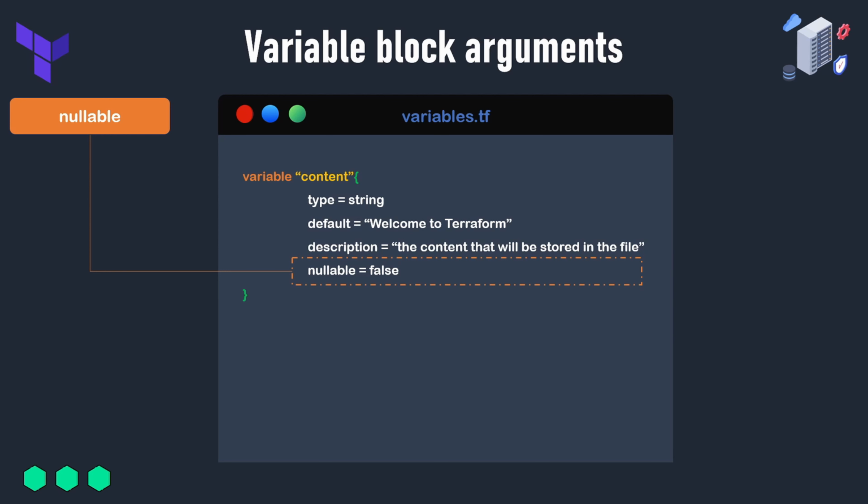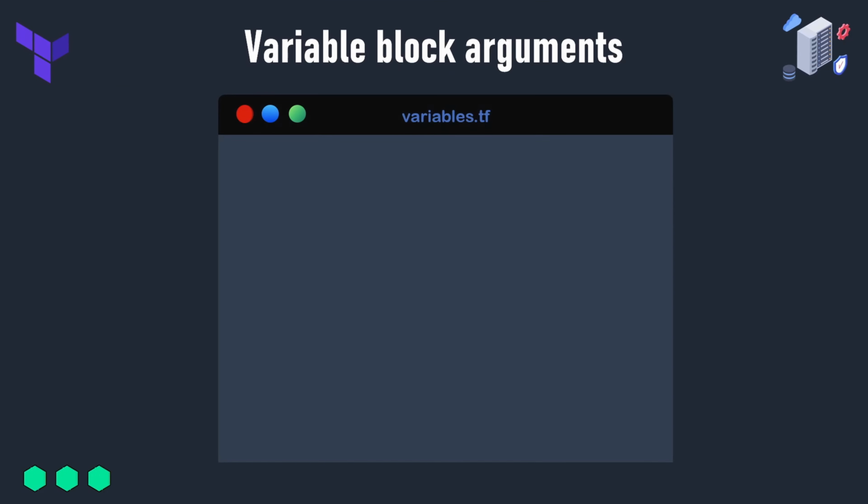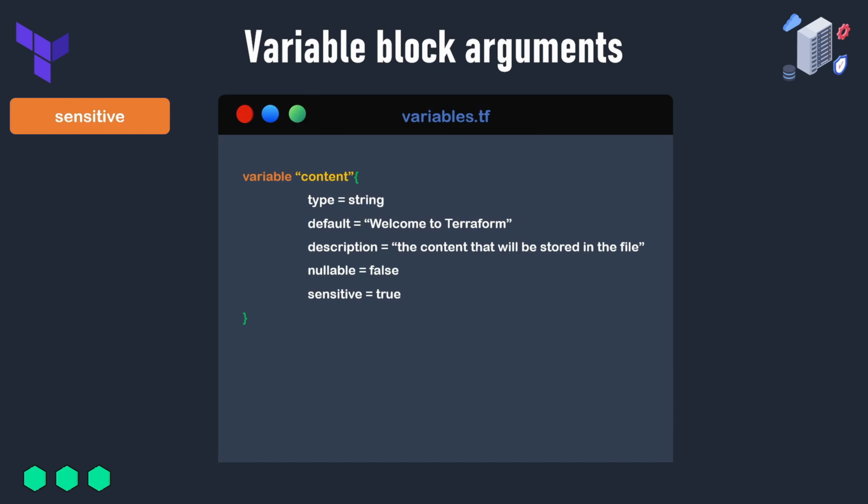You should know that the default value for nullable is true. We have also another argument, and it is called sensitive. Setting a variable as sensitive prevents Terraform from showing its value when we use this variable in our configuration. By default, the variable is not sensitive, but if you want to turn it into sensitive data, all you have to do is to set sensitive to true.